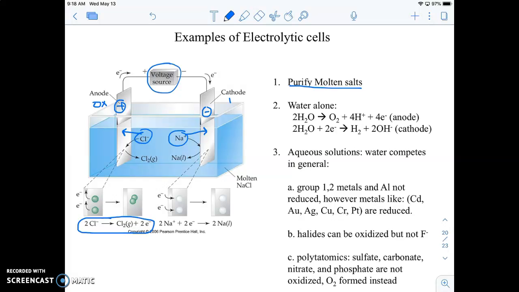Positive ions always swim to the cathode because the cathode is negative and opposites attract. What always happens at the cathode? Reduction. So these positive sodium ions that were nice and stable, they're going to pick up electrons now, and they're going to turn back into sodium metal. Okay, so we've taken stable things and turned them into unstable elements.